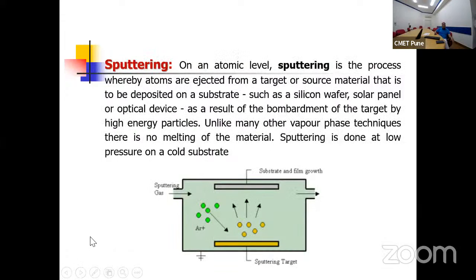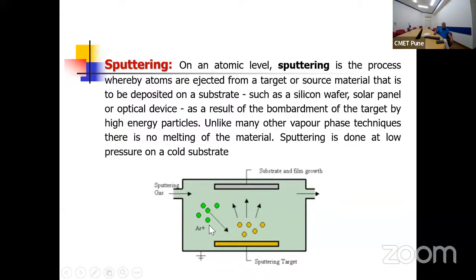Then next is sputtering. Here, sputtering is the process where atoms are ejected from a target or source material that is to be deposited on the substrate, such as a silicon wafer, solar panel, or optical devices. As a result of bombardment, the gas which is used is argon gas because it's an inert gas, and argon ions are quite heavy.